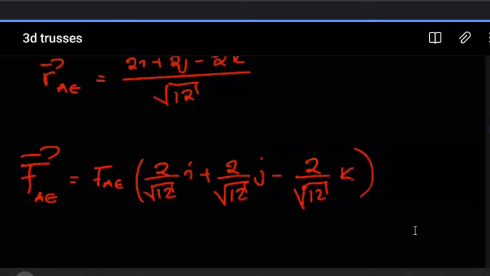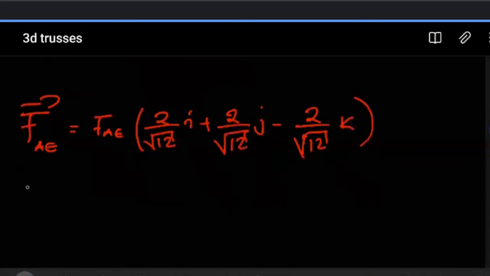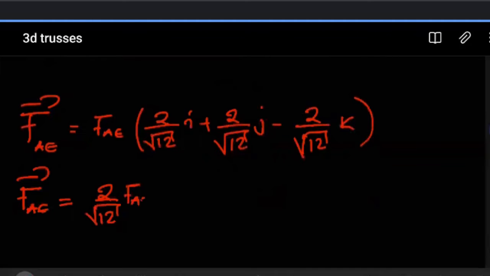So this becomes the force FAE. If you are able to do this up to this point, then you are almost set, because the next part is perhaps the easy part. So let me just distribute that FAE: 2 over root 12 FAE i plus 2 over root 12 FAE j, and finally this is minus.